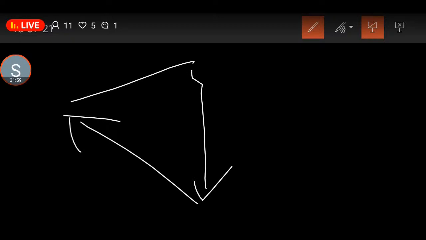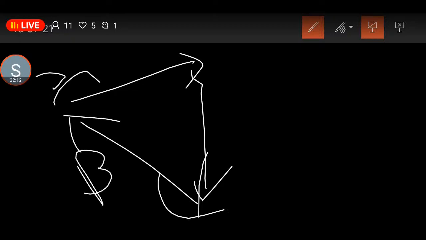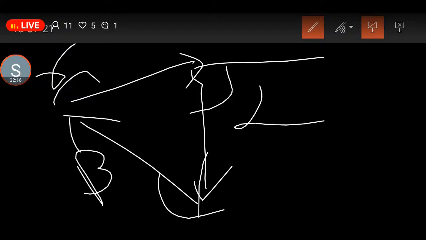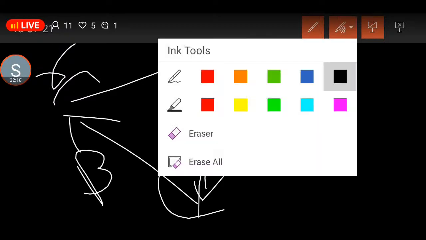And if you move this vector down, the angle between them is beta. Let's take beta, gamma, and the angle between this is alpha. So using this, I'll derive the area.